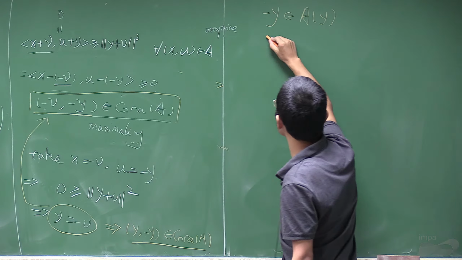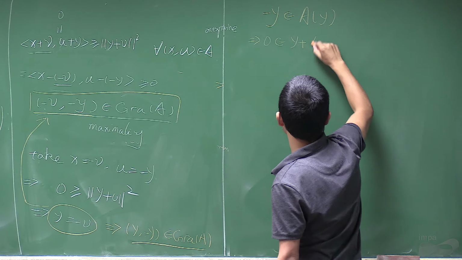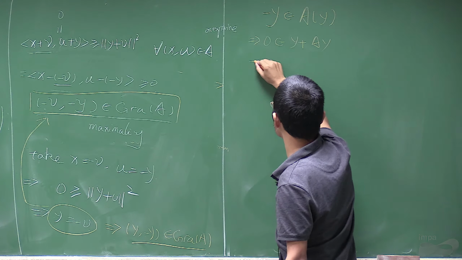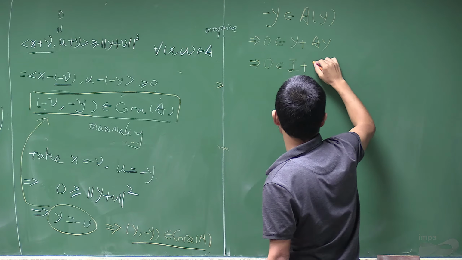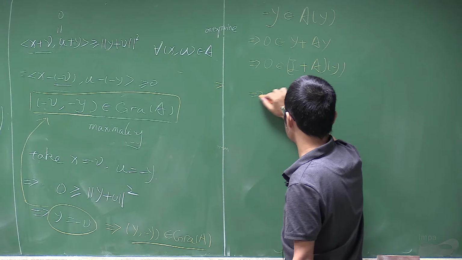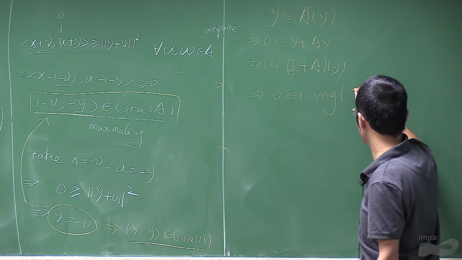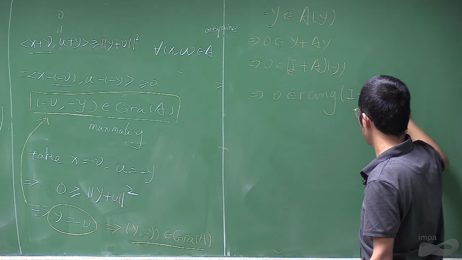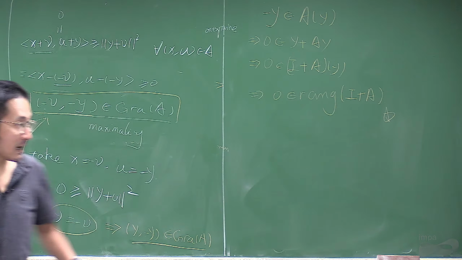And then we get 0 belongs to y minus ay. So we get 0 belongs to identity plus a y. So we get 0 belongs to the range of I plus a. Okay, so we have proved this result.